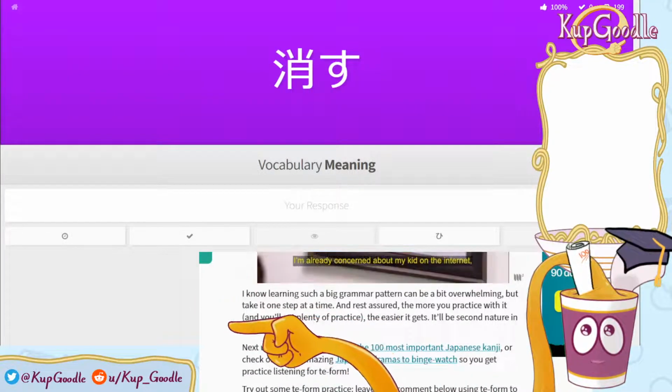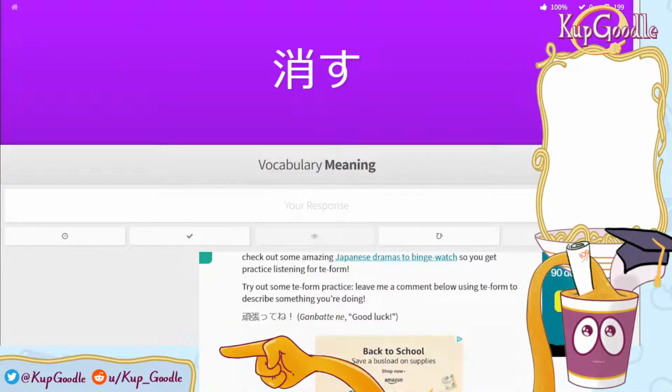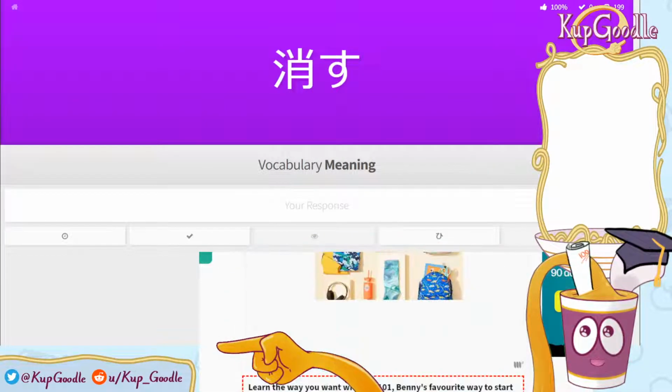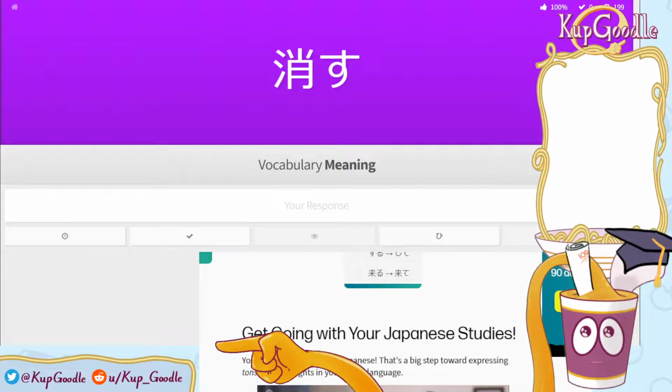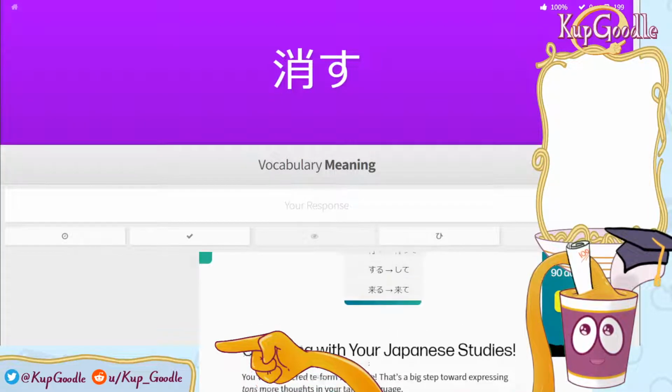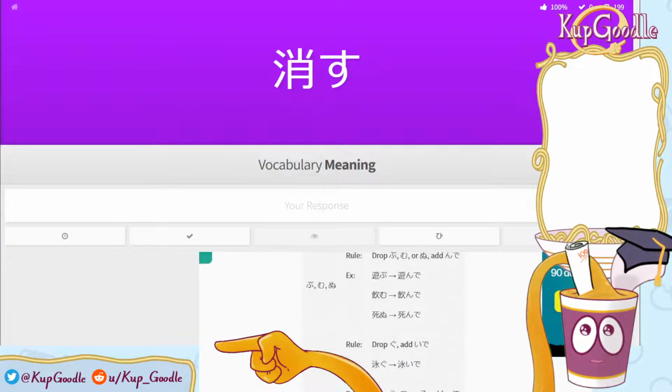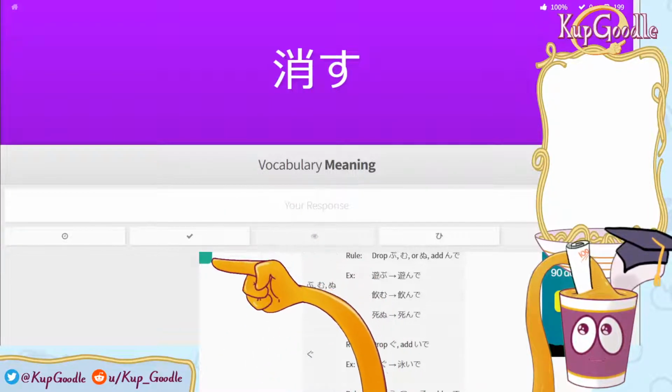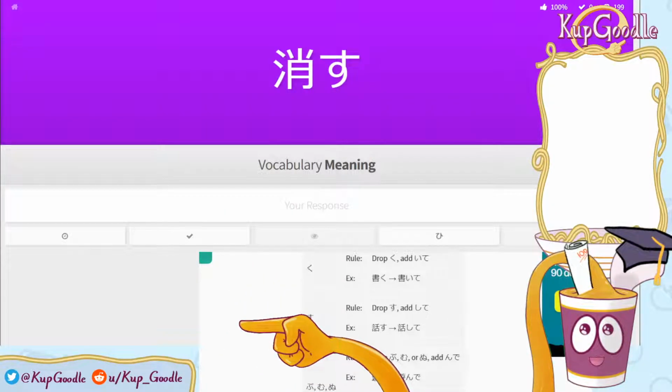It doesn't look like they included the negative form. How do you say is not doing?